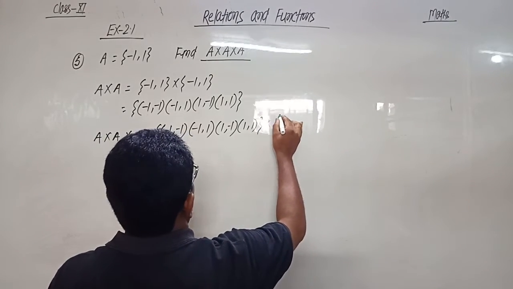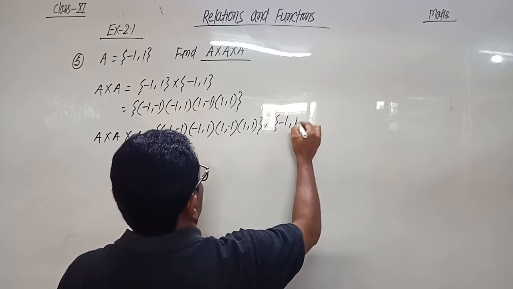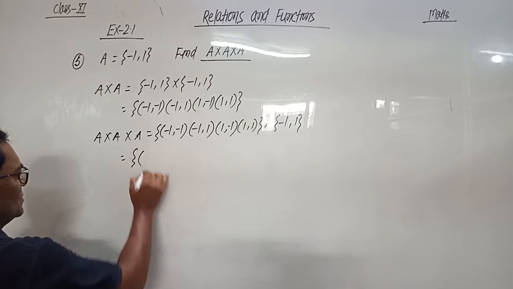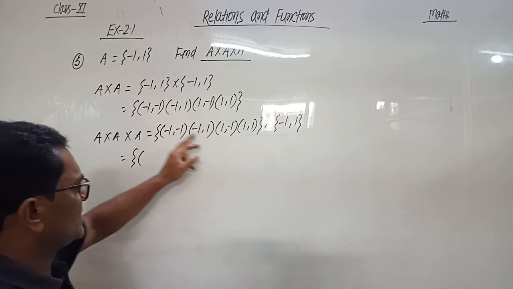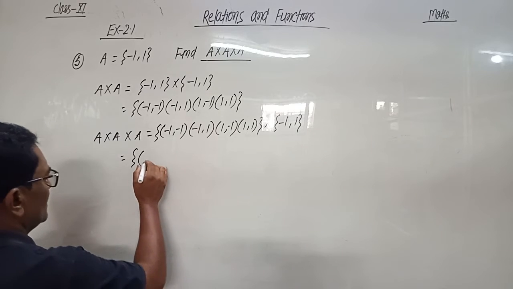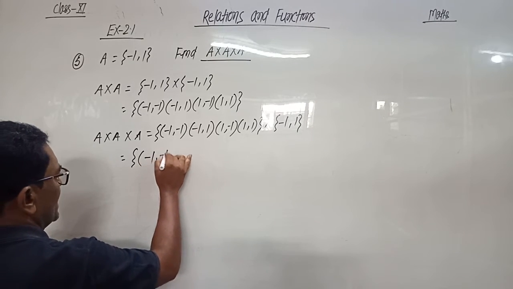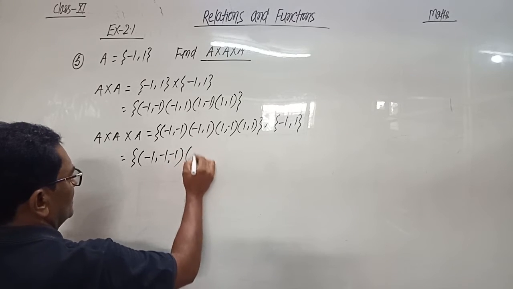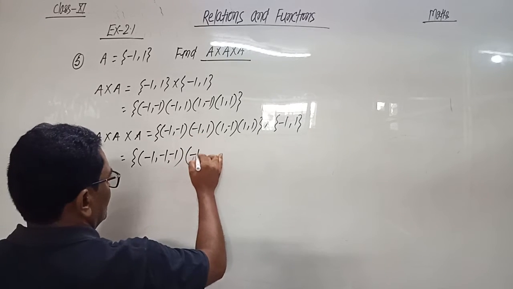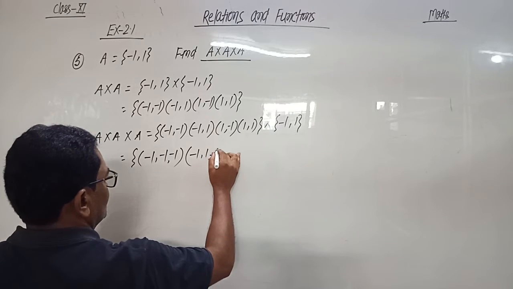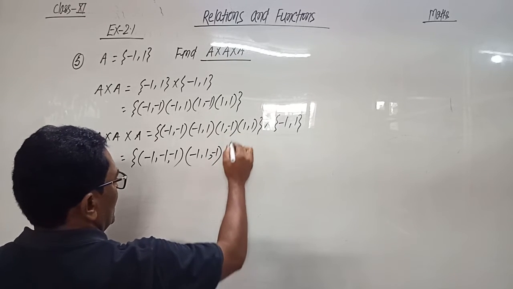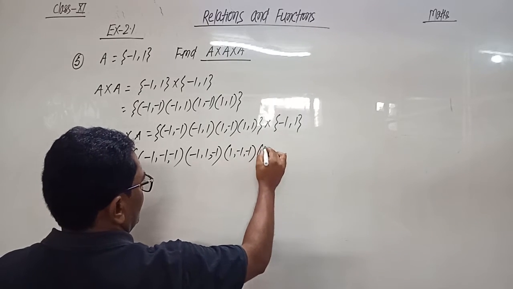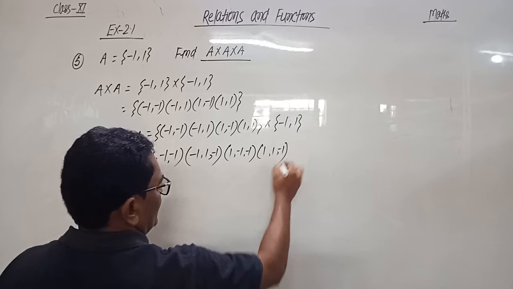Then we have to multiply by {-1, 1}. So this becomes (-1, -1, -1), then (-1, 1, -1), then (1, -1, -1), then (1, 1, -1).